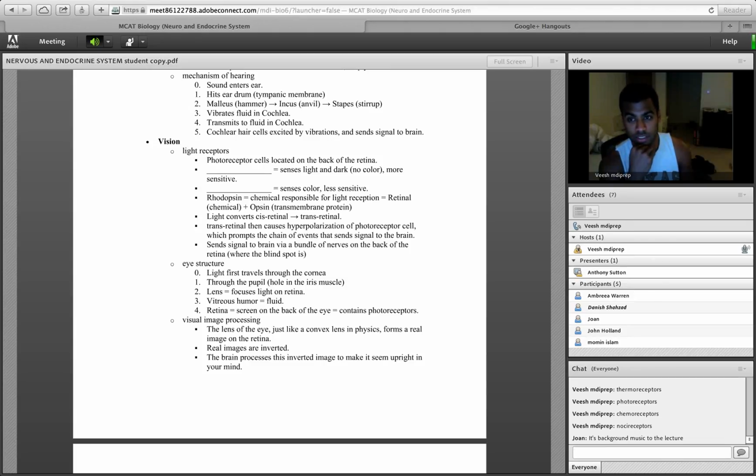The trans-retinal then causes the hyperpolarization of the photoreceptor cell, and that's going to cause a whole cascade that sends a signal to the brain. That happens through a bundle of nerves at the back of your retina, so at the back of your eye. And specifically, that's actually where the blind spot is.